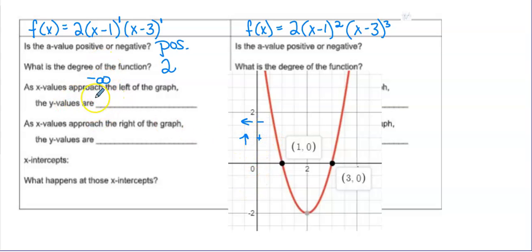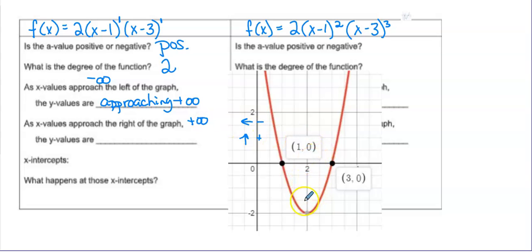So that's what they're asking us. You may put the word increasing. I would rather you put approaching positive infinity.